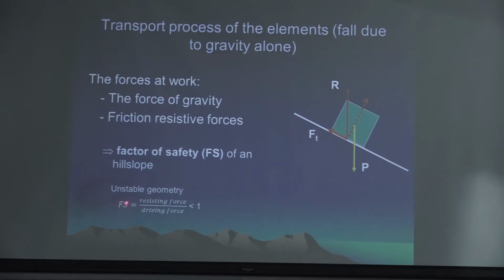If the factor of safety is above 1, it means that your hill slope is stable. If the factor of safety is lower than 1, it means that the driving force is greater than the resisting force, and you get collapse, either a slow-moving collapse or a rapid collapse.